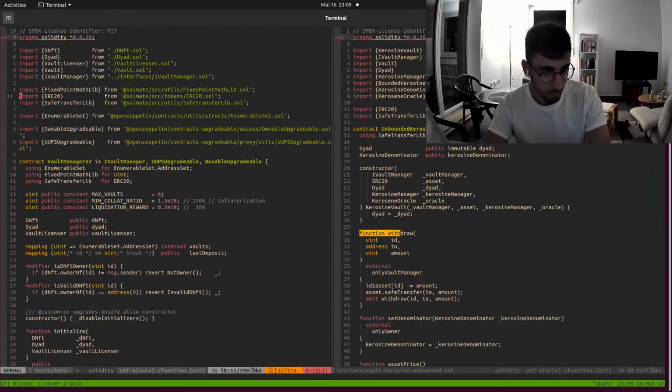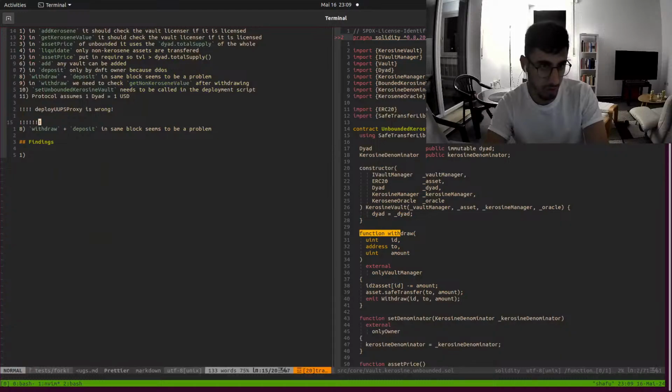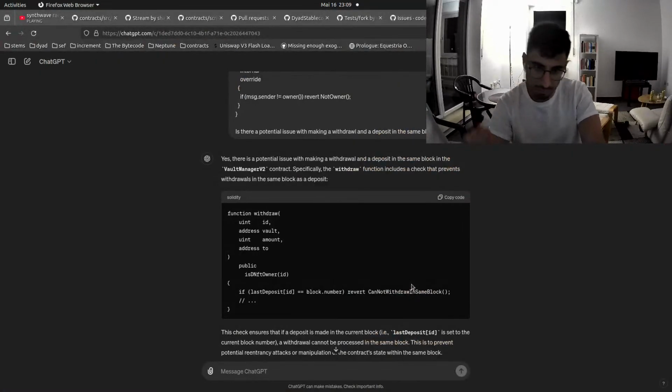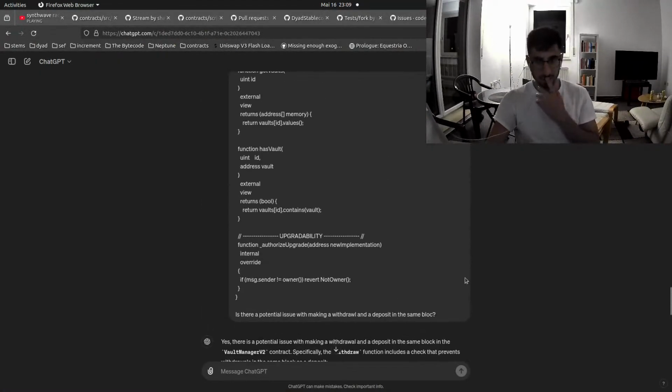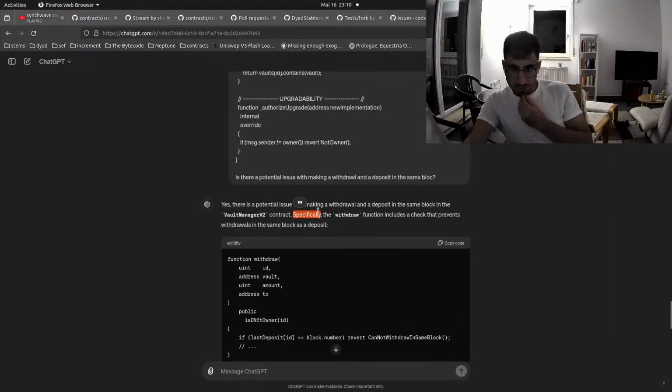The other problem that I wrote down, I don't know if you remember this, but someone mentioned that withdrawing and depositing in the same block could be a problem. There isn't a Code Arena problem about it, so I don't think he submitted it. I was just thinking about it. Yes, there is potential issue making withdrawing to the same block and no contracts with no function includes such.